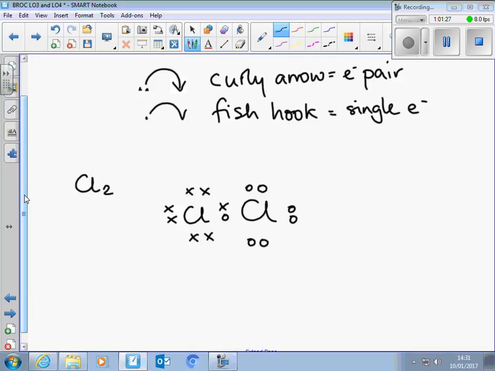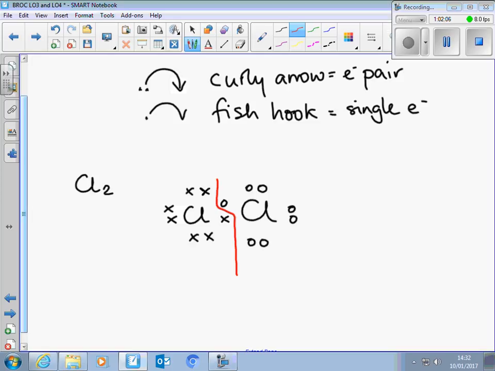Now, you can split those away from each other, and there's a diagram showing the split. I have to draw mine the other way round, so the split actually comes there.